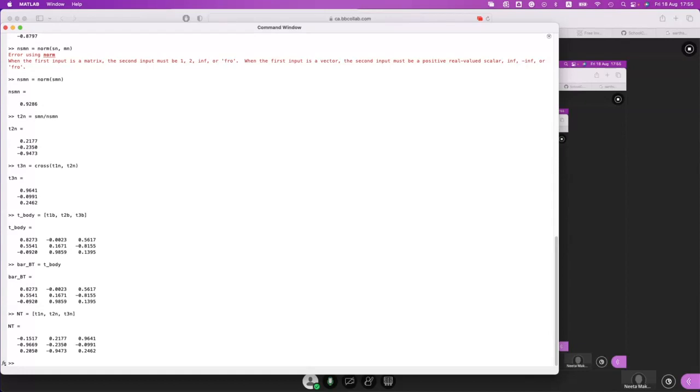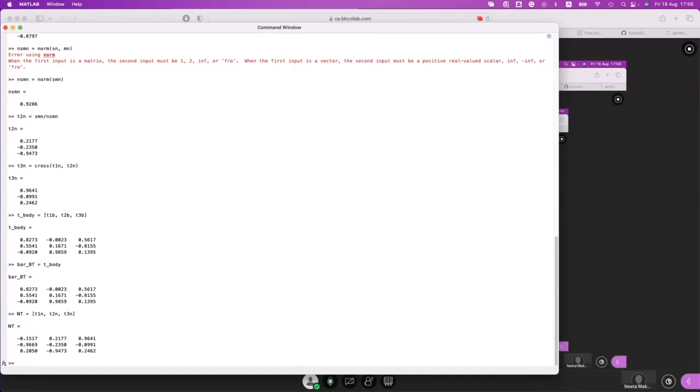Now, the second question says obtain Bn. And you already know from the formula which we have that our Bn is equal to a dot product of your bar BT and your NT matrix transpose.